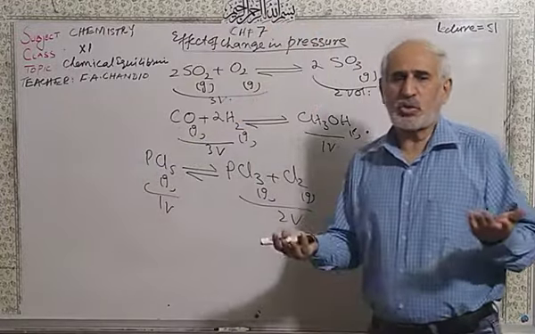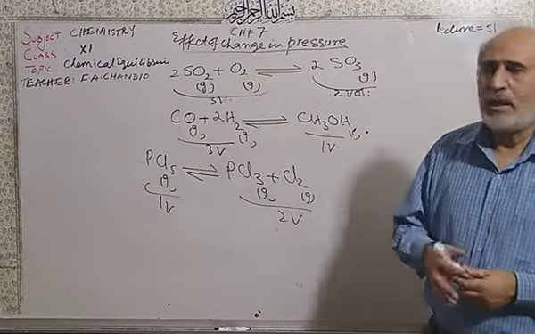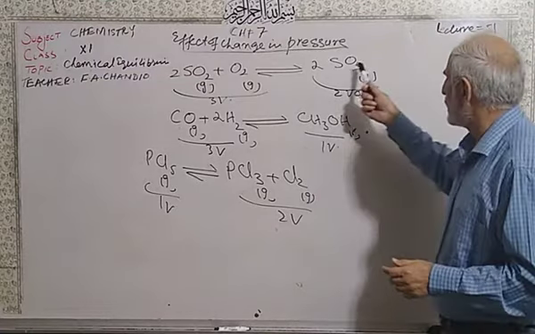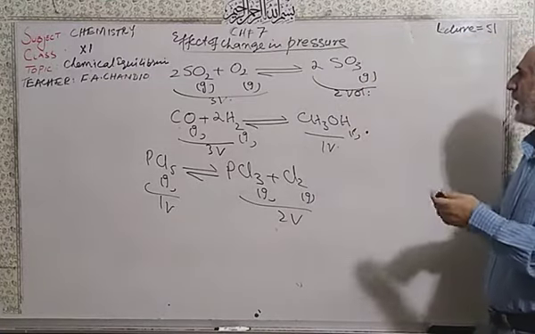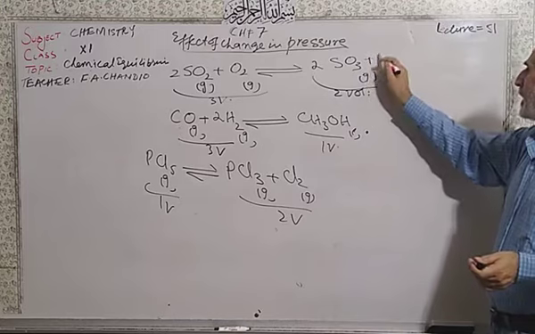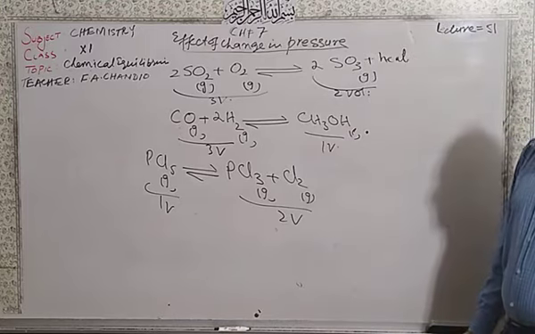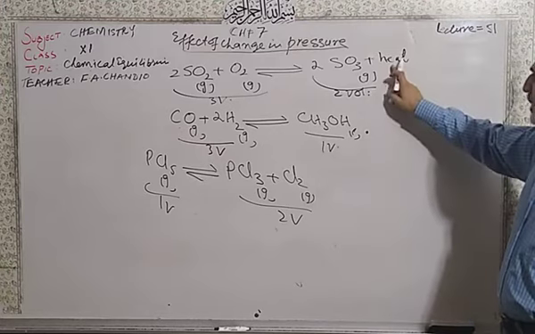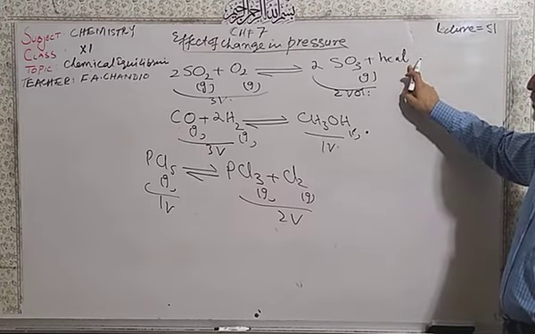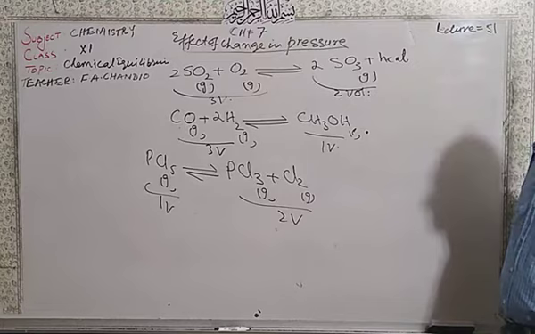Exo means out, endo means in. So sometimes they give the value here, or sometimes they write heat here, like this. This heat means the heat is evolved. This is exothermic.